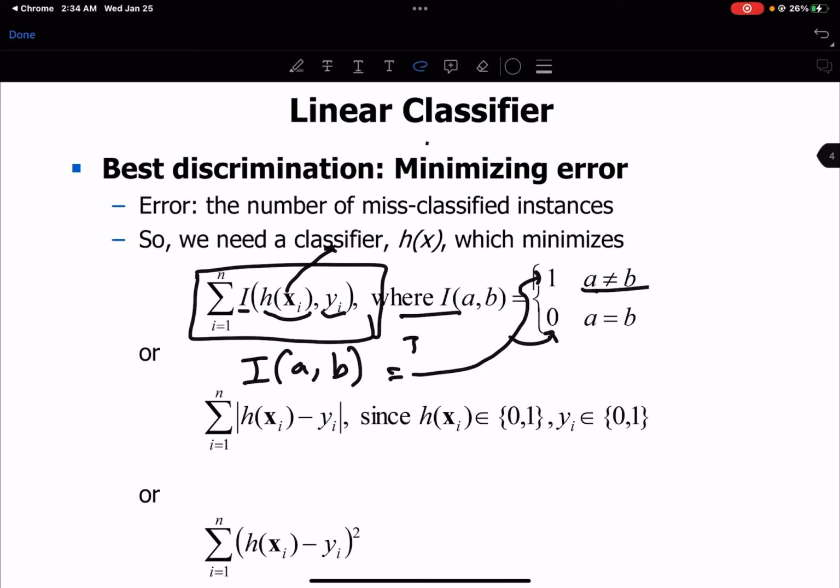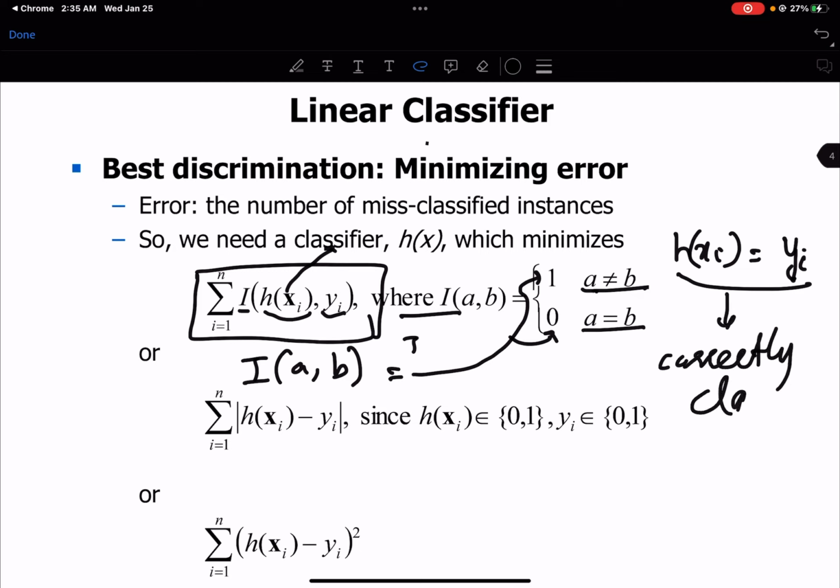When a is not equal to b, we say it is 1, and when a is equal to b, we say it is 0. What does that mean? When h of xi is equal to yi, what does that mean? That it is correctly classified. This is our predicted, this is our actual. It is correct classification.